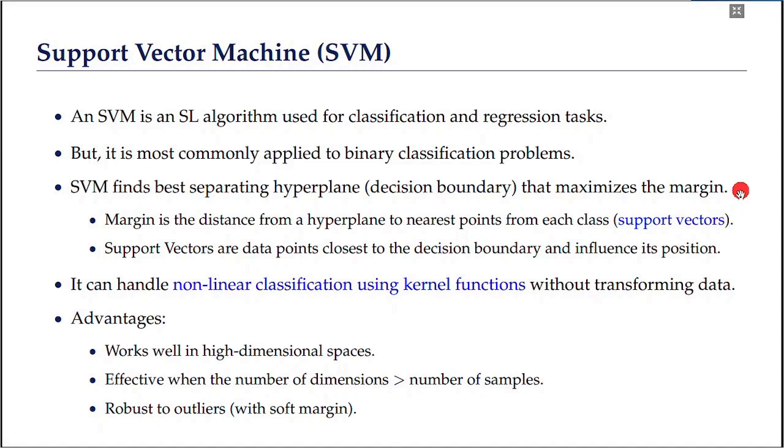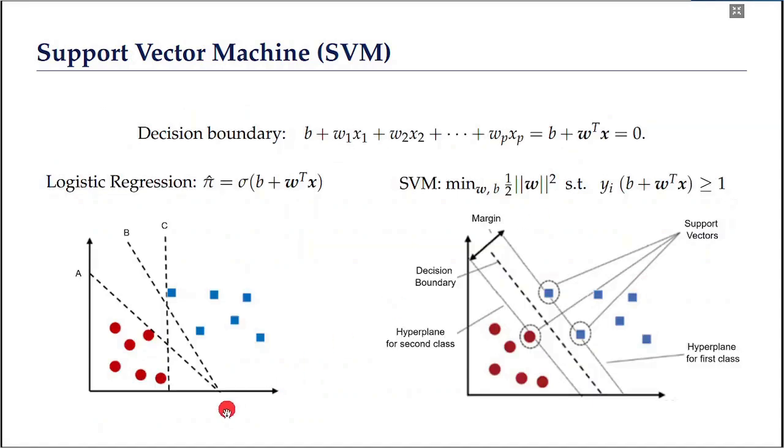So all the other points that are different from the support vectors will have no contribution in estimating the decision boundary of the model. Here we have specifically considered a linear logistic regression model and a linear support vector machine.